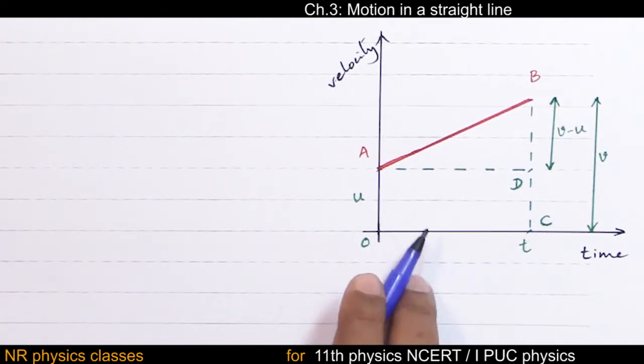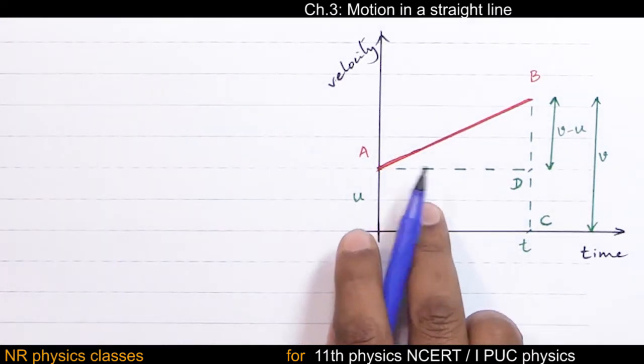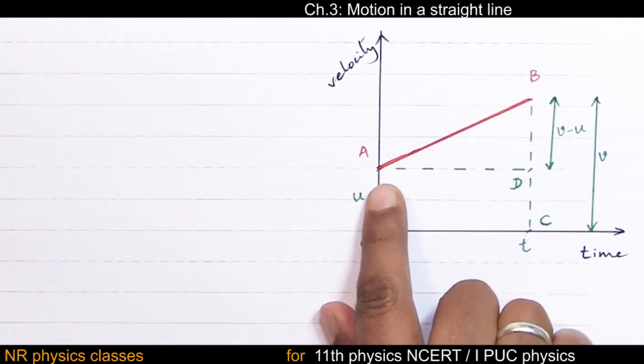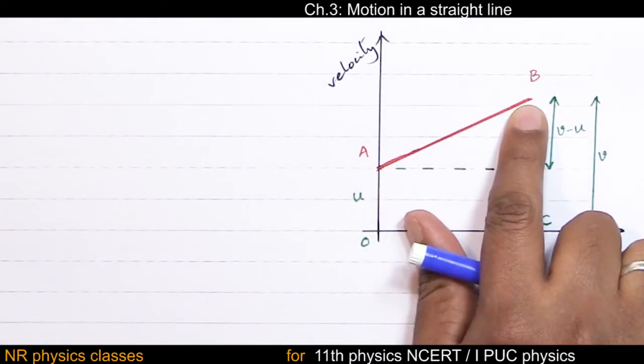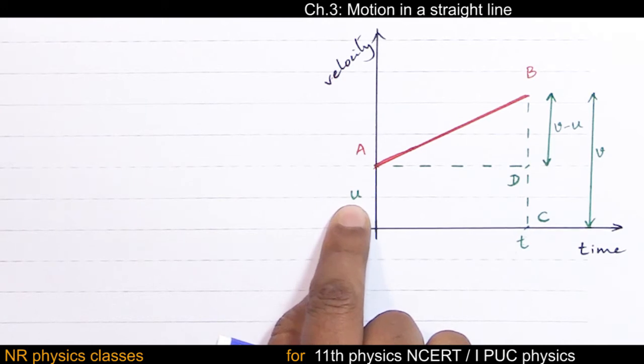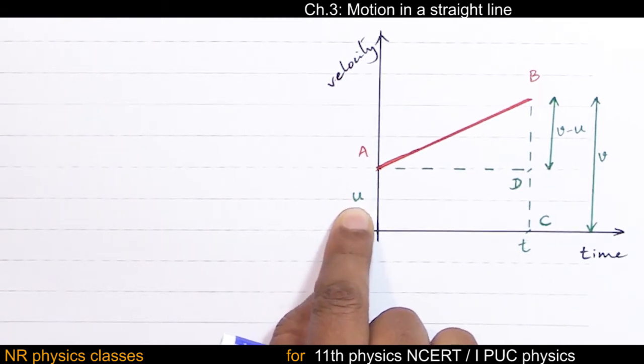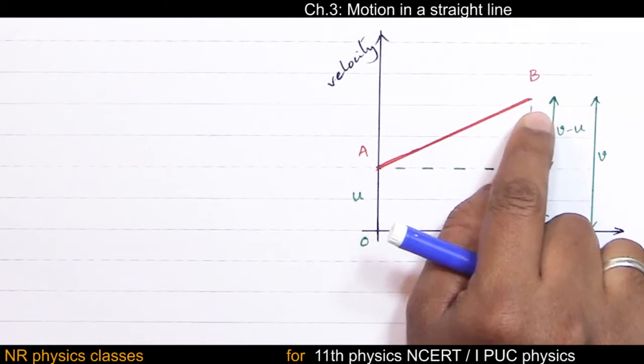Now let me write a few statements. Consider a body moving with uniform acceleration with initial velocity u. Let AB be the velocity time curve.